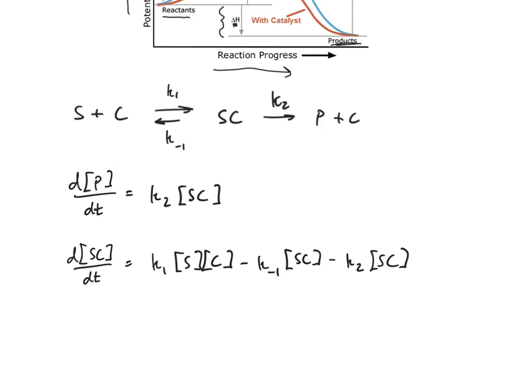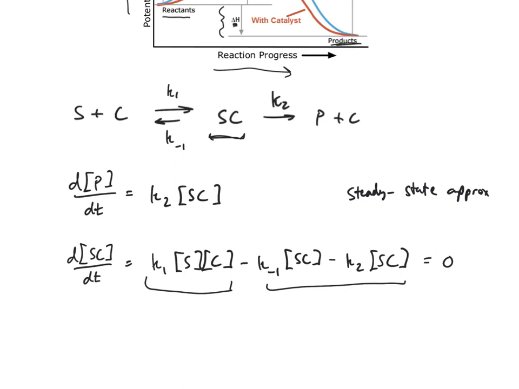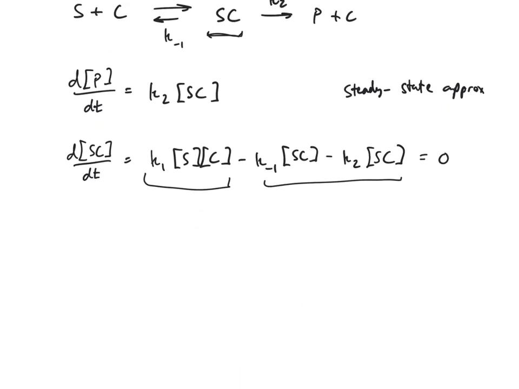And then we're going to use the steady state approximation again and say that this encounter complex does not accumulate to any great degree, so we'll just set that equal to 0. So now we're going to algebraically rearrange everything. We're going to get this on one side of the equation, and then we're going to get this on one side of the equation, and then combine the concentrations of SC.